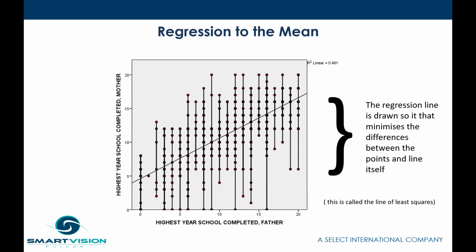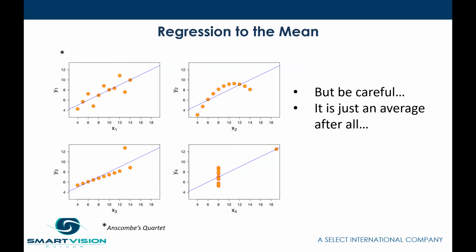So -5 becomes 25 and -10 becomes 100 and so forth, and they add those up. So it's just a convention, really, that they're squaring the residuals, they're squaring the differences, and that's where the term line of least squares comes from. The line being, as I say, this average relationship, the mean, the regression to the mean between the two factors.